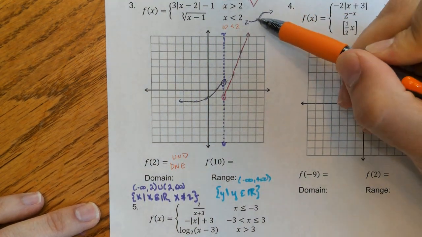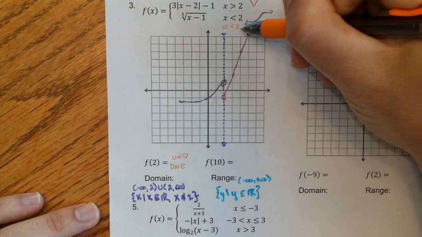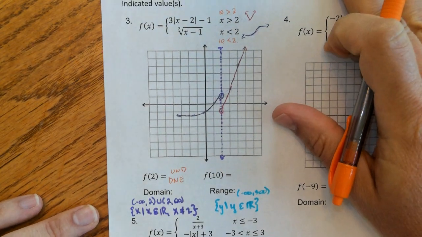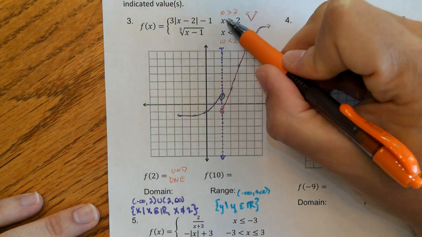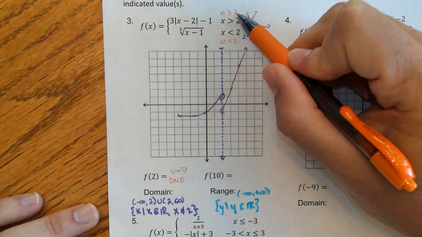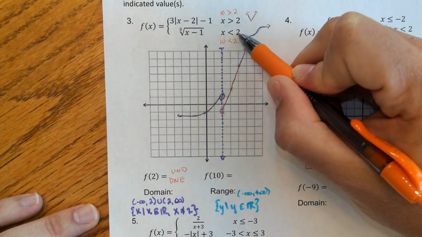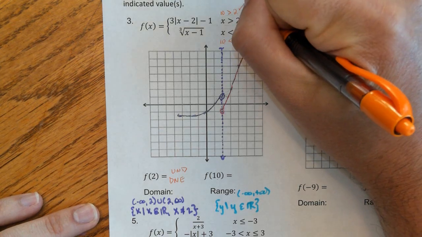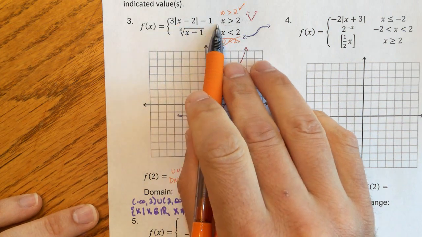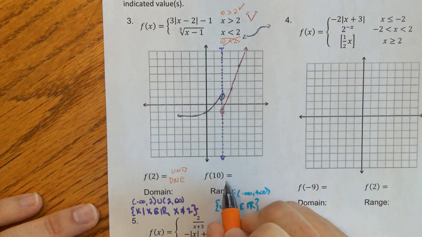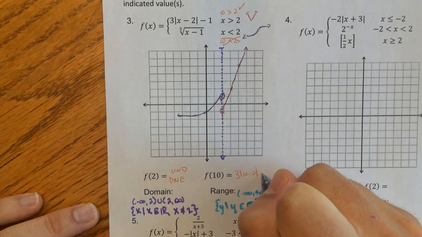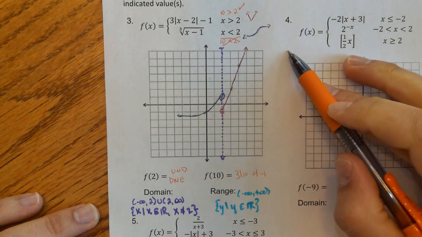Now, ask yourself the question, this is only going to be true for one: is 10 less than 2 or is 10 greater than 2? Since it's only true for one and not true for the other one, this is the function you would plug 10 into to be able to figure out that y value, since it's not on the picture.